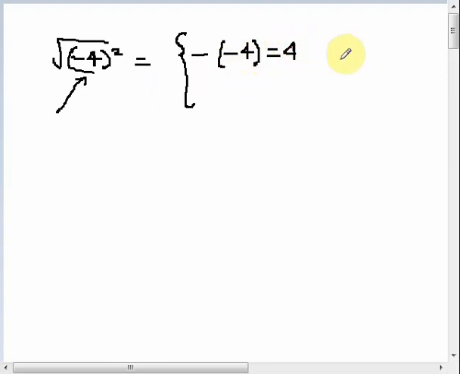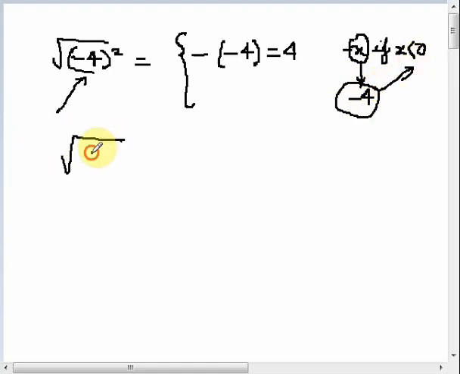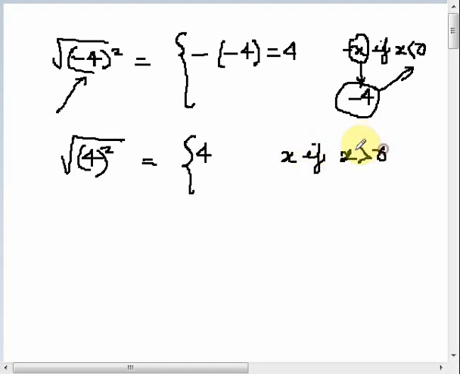What was the value? Minus x if x less than 0. So our x is minus 4, so less than 0. What will be the value of under root 4 square? It is equal to 4. Why? Because it is x if x is greater than 0.